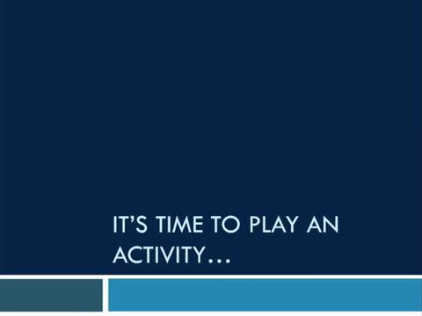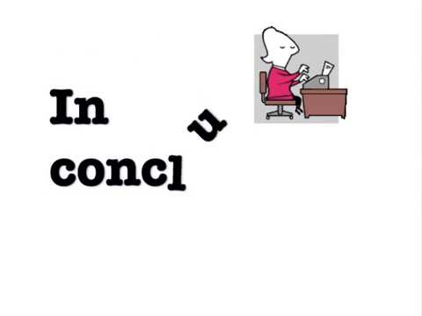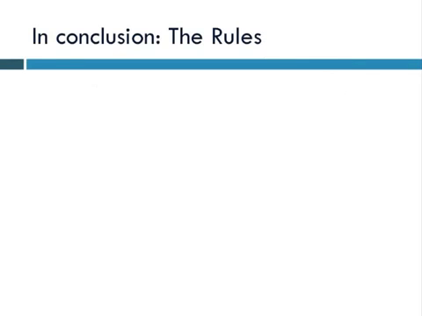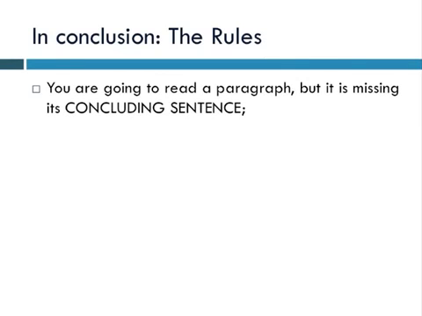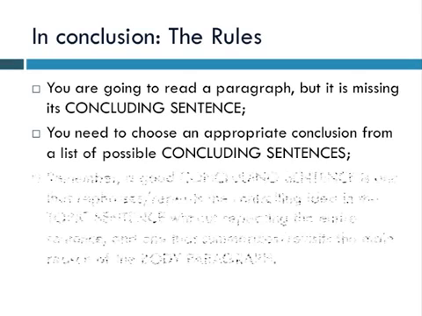So our final activity in our video is to think about how to come up with a conclusion to each paragraph. So this particular activity we're calling In Conclusion. So here are the rules. You're going to read a paragraph, but it's missing its concluding sentence. You need to choose an appropriate conclusion from a list of possible concluding sentences.